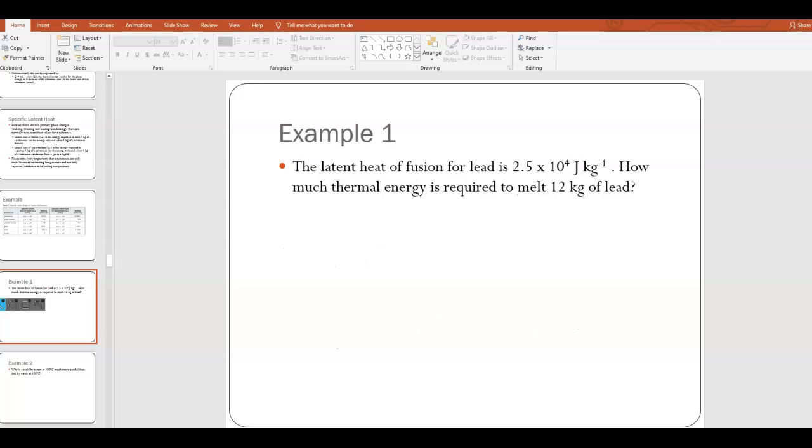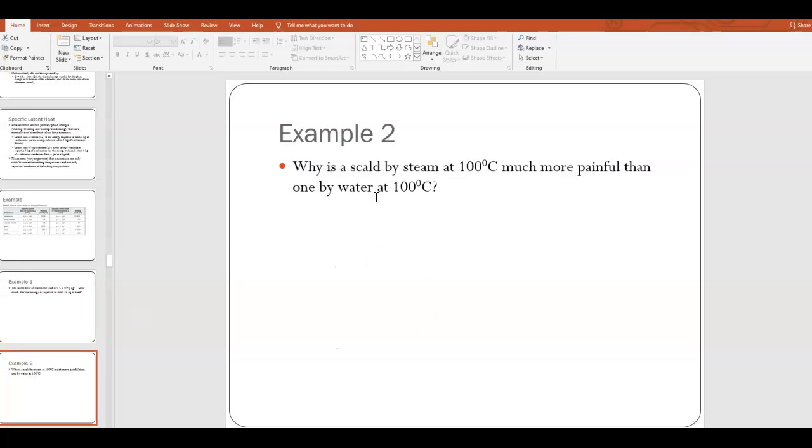And just really quickly, example 2, it says, why is a scald by steam at 100 degrees Celsius much more painful than one by water at 100 degrees Celsius? So I can answer this by basically typing this out. But think about the difference between water and steam at the same temperature.